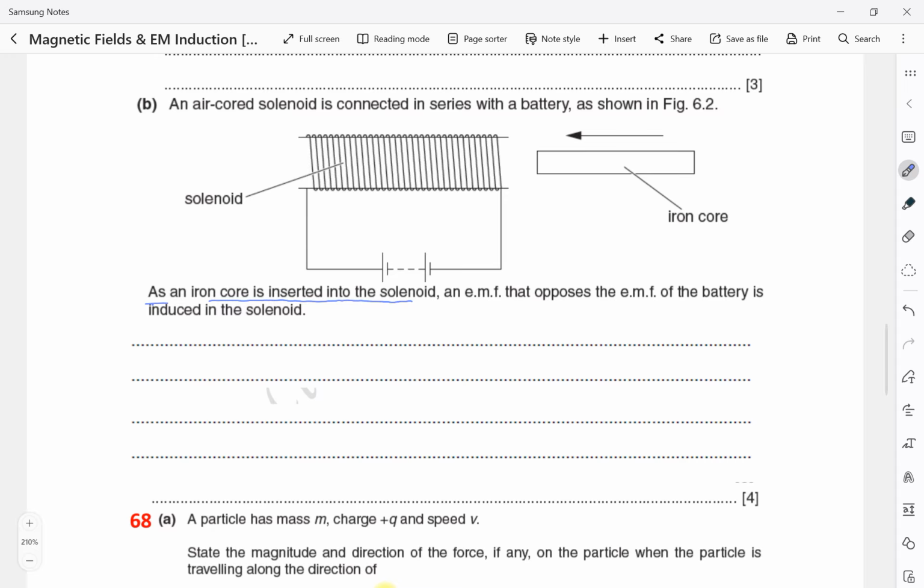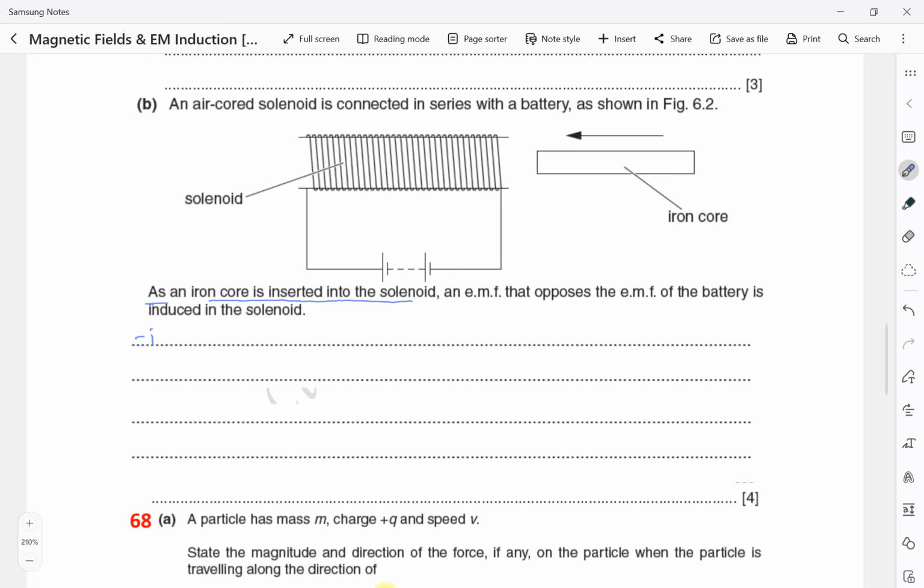And this change is going to induce an e.m.f, as a changing flux in the core is also going to cut through the turns of the solenoid, and by Faraday's law an e.m.f is going to be induced in the solenoid. Of course, by Lenz's law, this e.m.f opposes the battery e.m.f. So an e.m.f that opposes the e.m.f of the battery is induced in the solenoid.